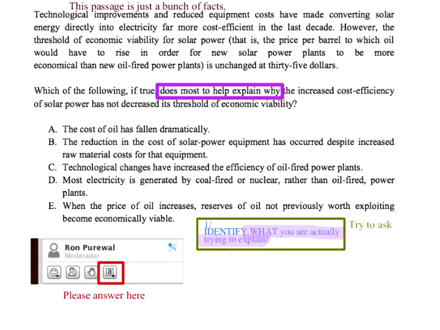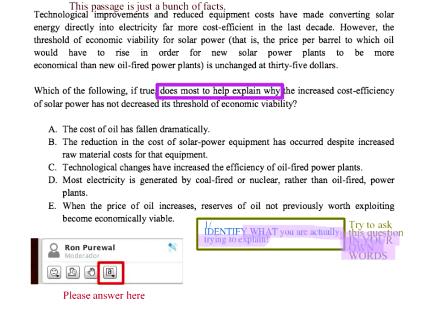Try to ask this question in your own words. That's a very key thing for you to do. It shouldn't be in their words, because if you're using their language, that's going to be very difficult to think about. It's not how our brains normally work. Our brains don't work in other people's words.